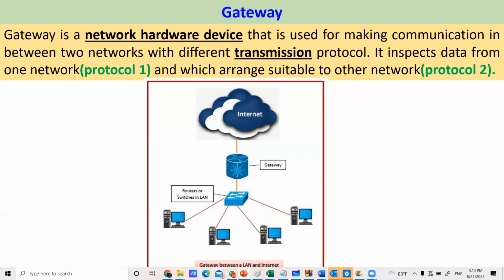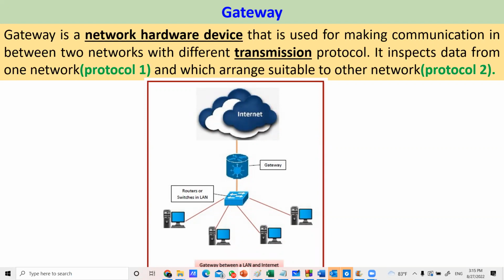Suppose the first network has protocol 1 and the second one has protocol 2. The two separate networks are using two different protocols. In that case, a bridge is not used for connecting the networks; the bridge functions are not enough. Instead, another device called a gateway was introduced. A gateway is used to connect two local area networks having two different protocol systems.